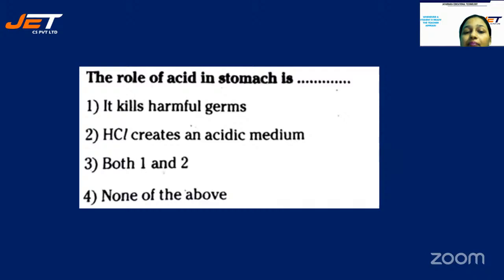Next question. The role of acid in stomach is: number 1, it kills harmful germs; number 2, HCl creates an acidic medium; number 3, both 1 and 2; number 4, none of the above.